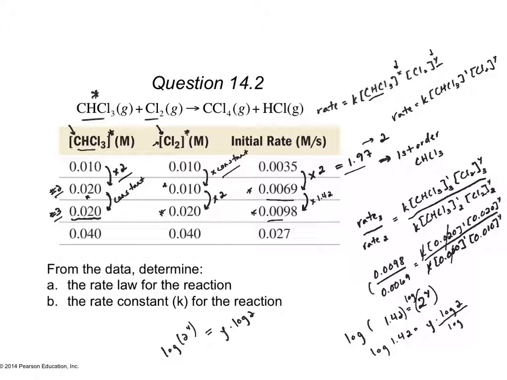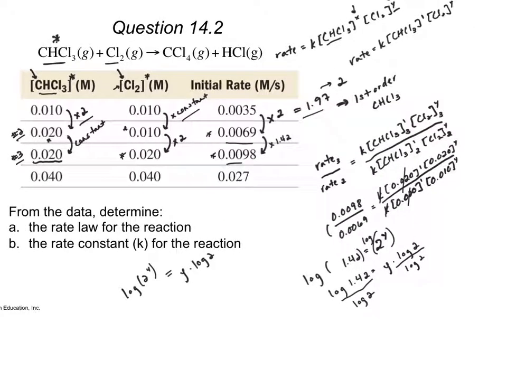To solve for y, I'm going to divide by log of 2. Just note that log of 1.42 divided by log of 2, these are just numbers, right? A log of something ends up just being a number. You push the log button in your calculator to give you that. So when you do this, you'll end up with 0.51 is equal to y.